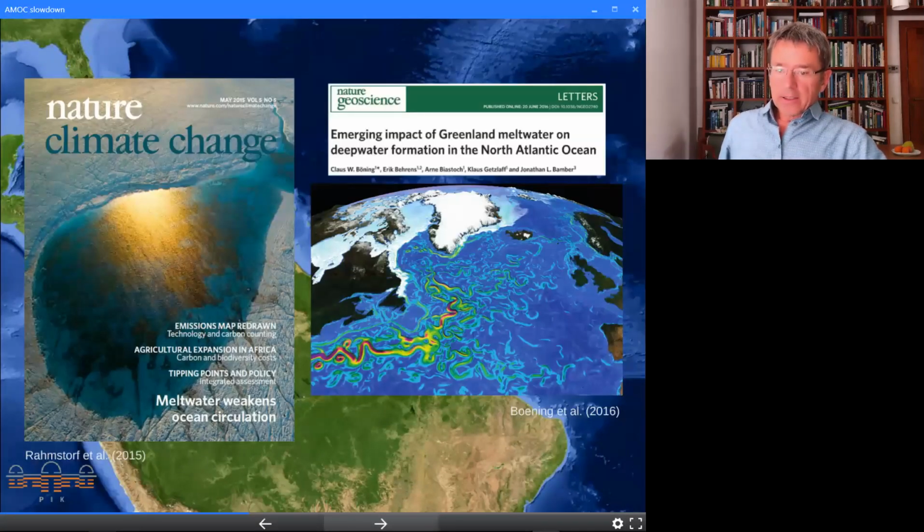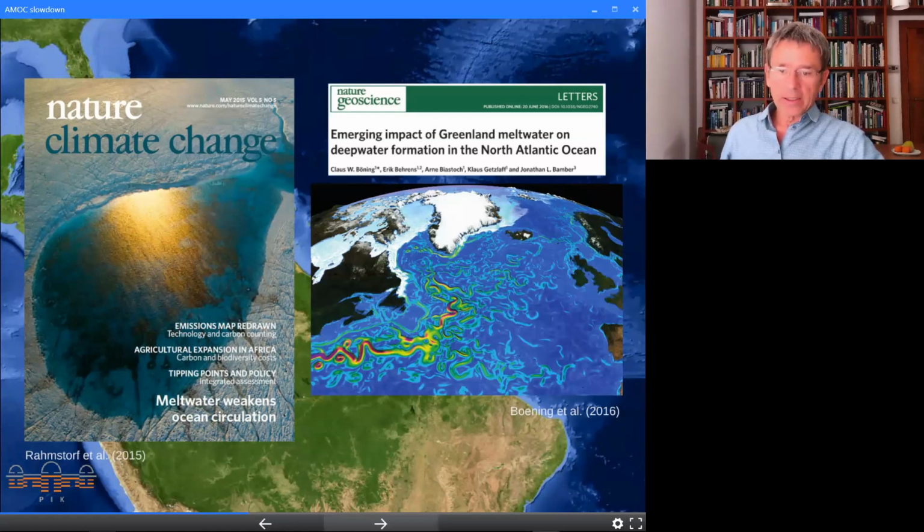In that 2015 paper, we already suggested that the meltwater from Greenland could play a role in slowing down the overturning circulation. The mechanism is quite simple. If you add meltwater, you freshen the ocean. That means the salinity drops, and water that is less salty is less heavy, and so it's harder to sink down.